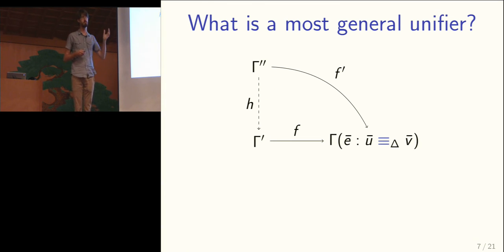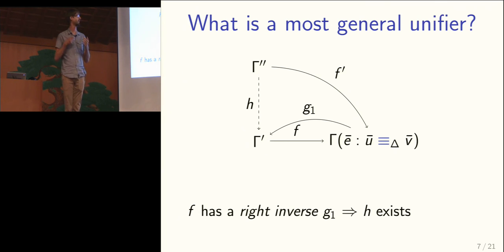We could just translate this definition into type theory, but it's not very practical. So instead, we ask that there is a right inverse to this function f, which we call g1. And this allows us to construct the function h always by just composing f prime and g1.